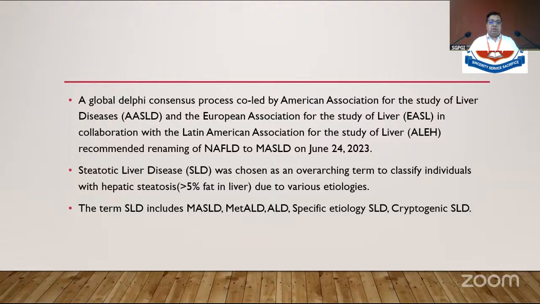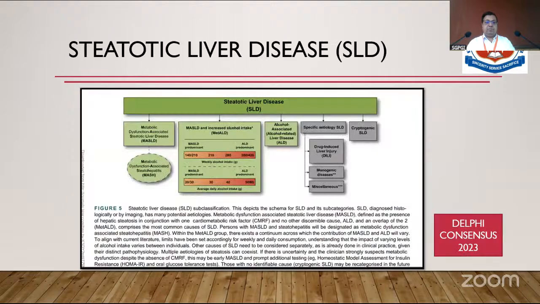Steatotic liver disease was chosen as an overarching term to classify individuals with hepatic steatosis due to various etiologies. The term steatotic liver disease includes MASLD, MetALD, ALD, specific etiology SLD, and cryptogenic steatotic liver disease. This is the diagram showing the classification of steatotic liver disease.